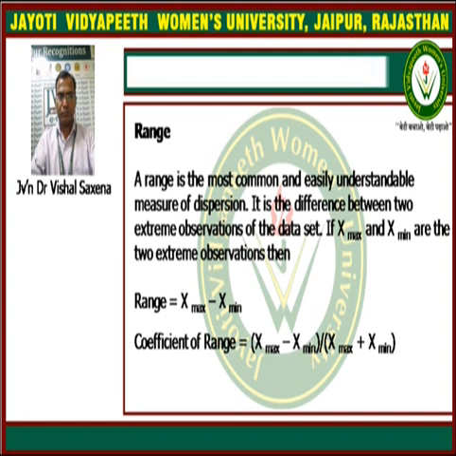So range is equal to x maximum minus x minimum, and the coefficient of range is given by x maximum minus x minimum, divided by x maximum plus x minimum. So these are the formulas to find the range and the coefficient of range.